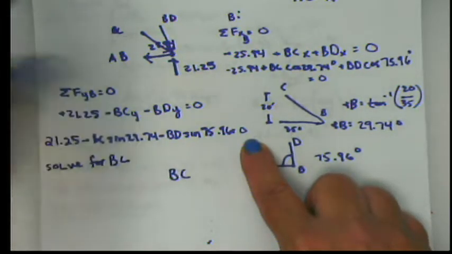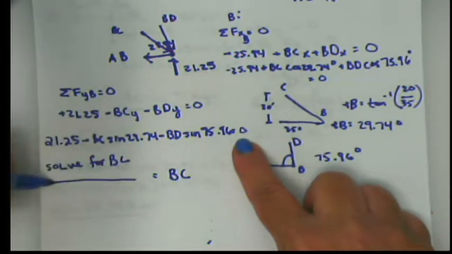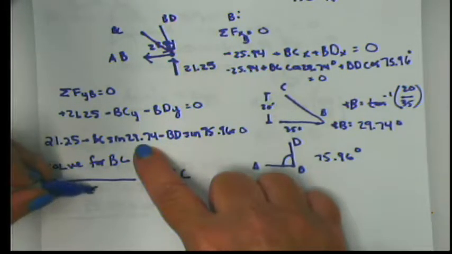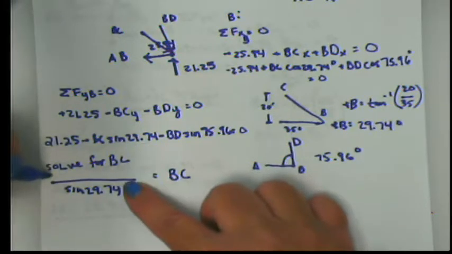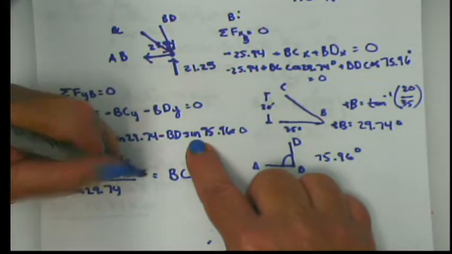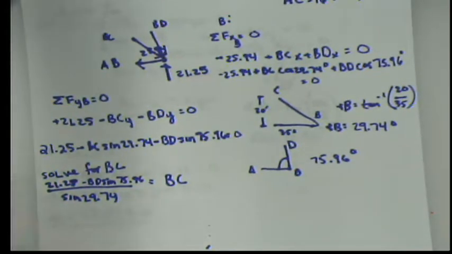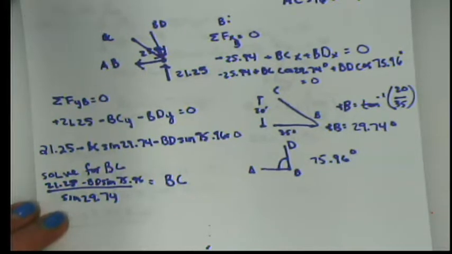So I get BC is equal to something divided by the sine of 29.74. And that something is 21.25 minus BD times the sine of 75.96. Okay? I just want to know would it simplify it if we turned this into numbers?